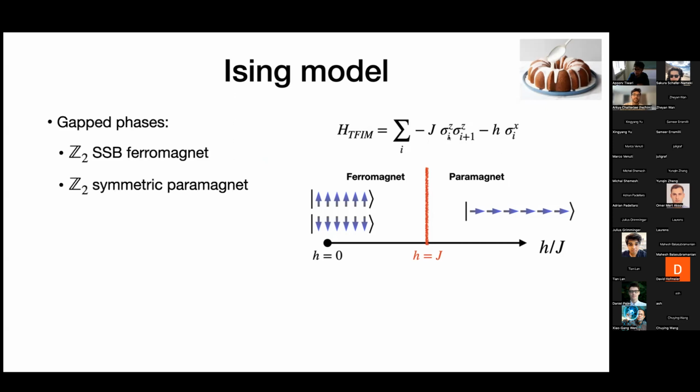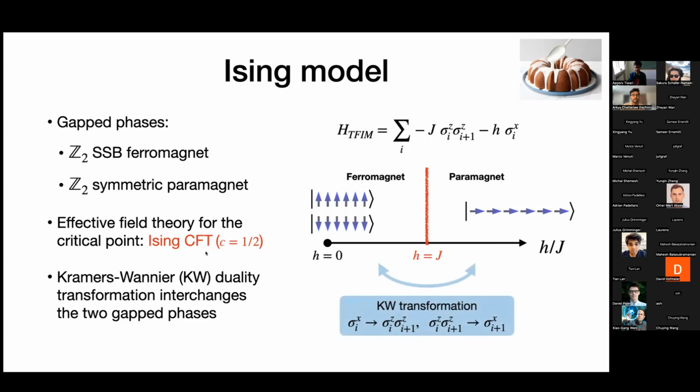There is a Z2 symmetry in this system, which is implemented by the product of sigma x matrices on each site. That symmetry can be spontaneously broken to give a ferromagnet phase, or the system is symmetric when H is large compared to J, and you're in a paramagnet phase, or a symmetric phase. And there's a critical point described by the Ising CFT.